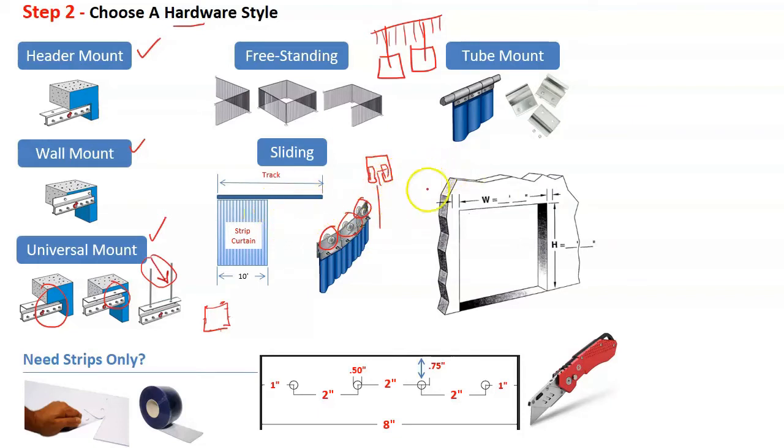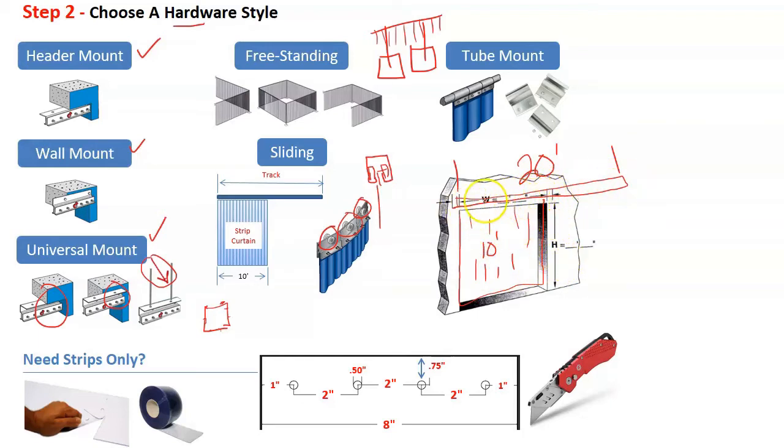One thing to keep in mind, if you wanted to put a roller strip curtain on a door opening like so, if this was, let's say, 10 feet, you would actually need 20 feet of hardware because you have to roll this out of the way. This is going to roll like a barn door rolls, so it does not fold up. It's going to move completely out of the way.